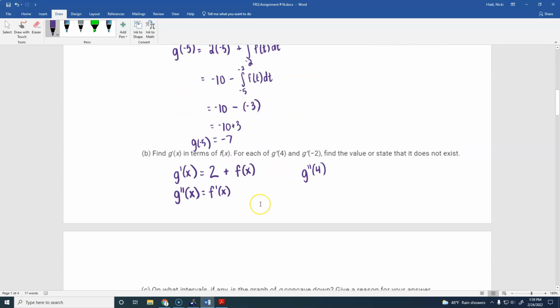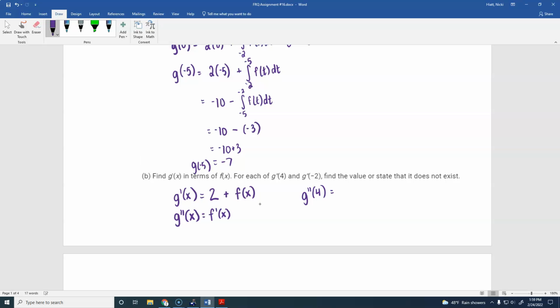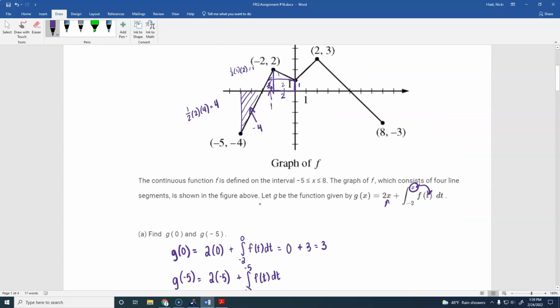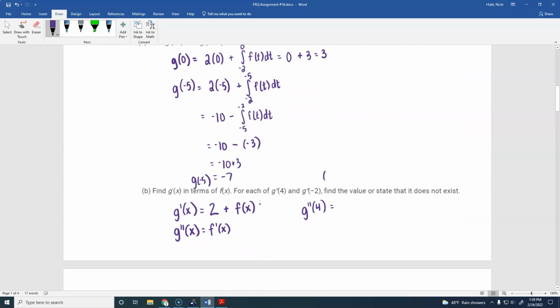But if you are not sure, just do the slope formula for those points. So we've got 2, 3, and 8, -3. Sometimes it may be a little harder to see. y2 minus y1 over x2 minus x1. Good, -6 over 6, which will give you -1.